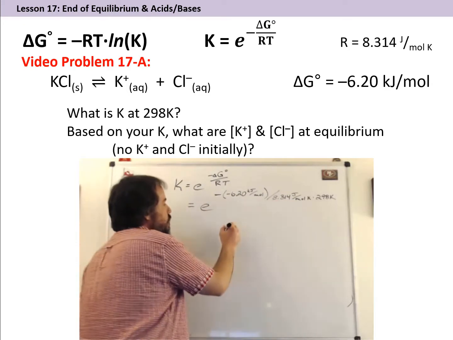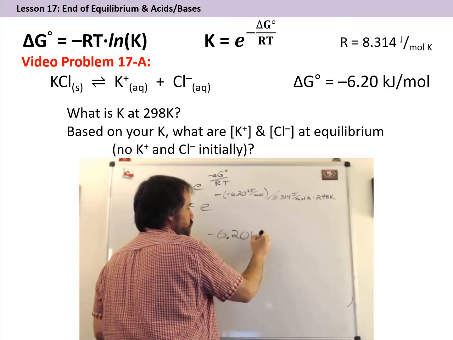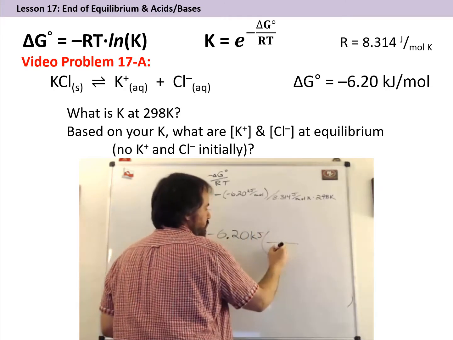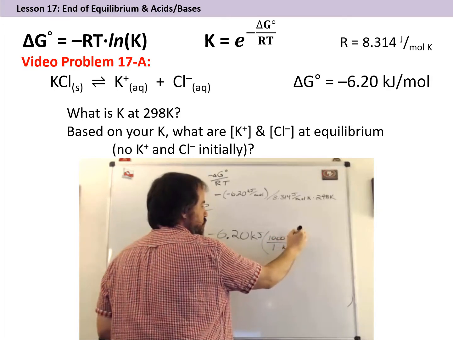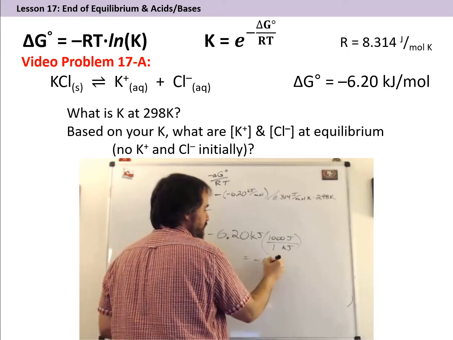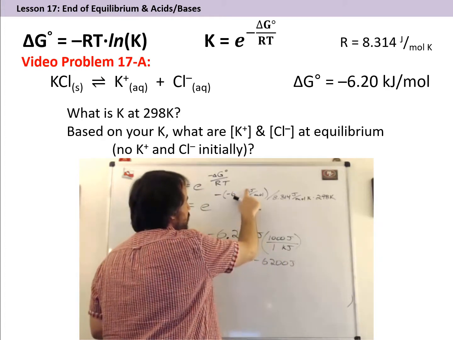Not going to work. So 6.20 kilojoules: for every 1 kilojoule, I have 1,000 joules. That's going to get me negative 6,200 joules, so I'm just going to plug that in there.